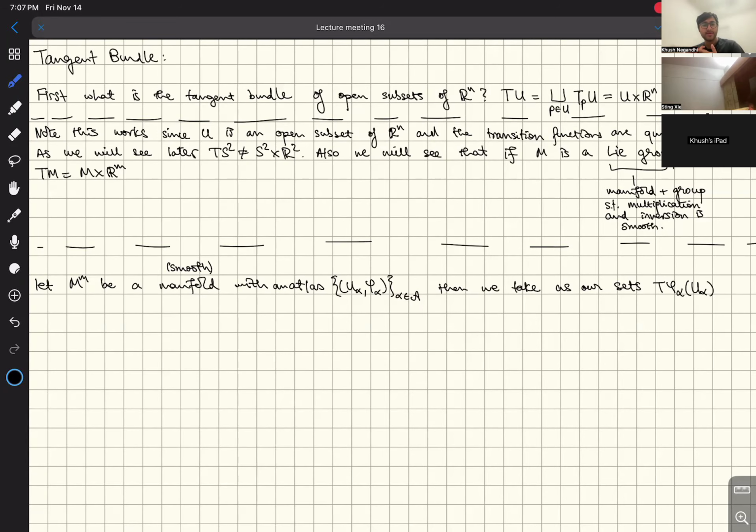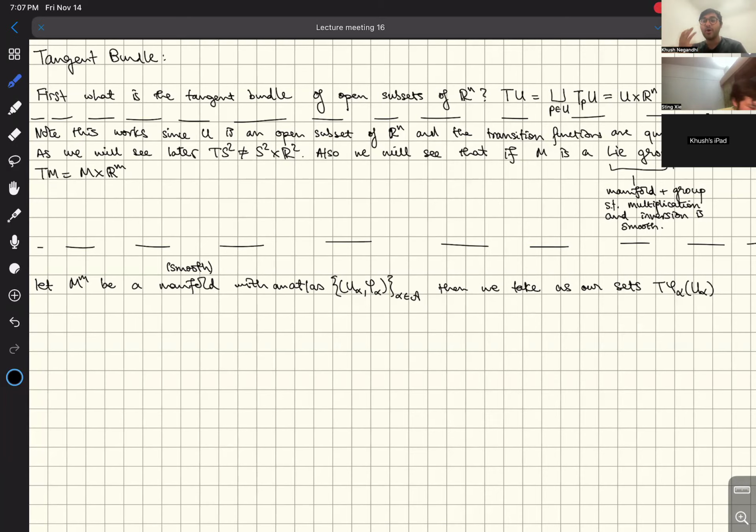So okay, we've given a collection of sets. Now we need to give a gluing between them. So when these two things intersect, how do we glue them? Since we're looking at the tangent bundle, it's most obvious by the chain rule. For tangent vectors, the chain rule has to hold.